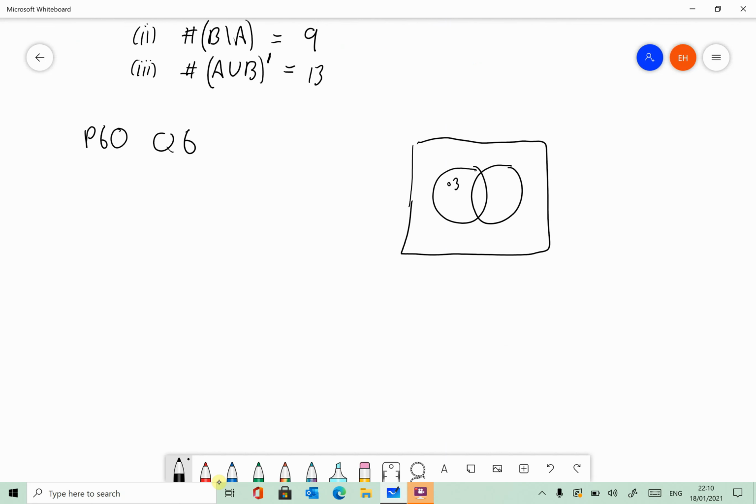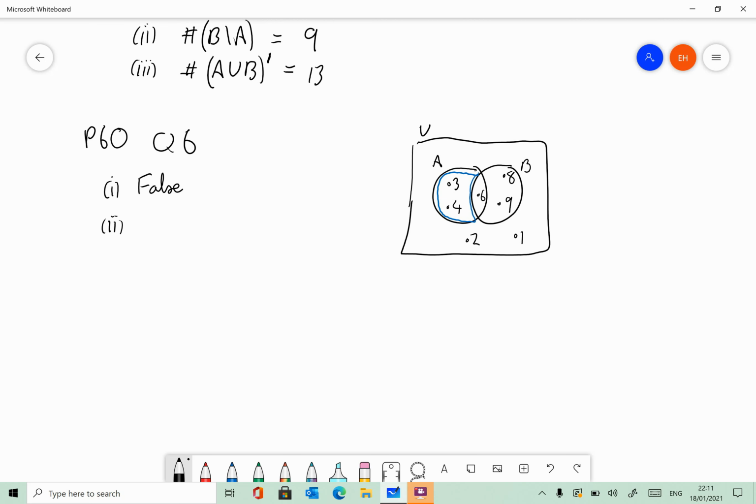We have number 3, number 4, number 6, number 8, and number 9, number 2, and number 1, and we call this set A, this is B, and that's the universal set. Which one of the following statements is true? So 6 is an element of A without B. A without B is this zone in here. So that is definitely not true. So number 1 is false.